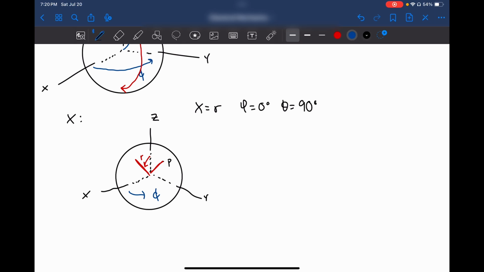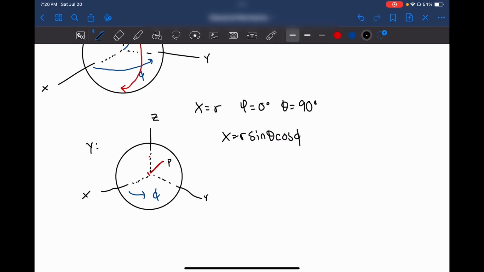So this tells us that x must be r sine of theta cosine phi, right? Because if phi were 0 degrees, then we're left with x is r sine of theta. And then when theta is 90 degrees, we're left with x is equal to r, right? Now suppose we wanted y, right?